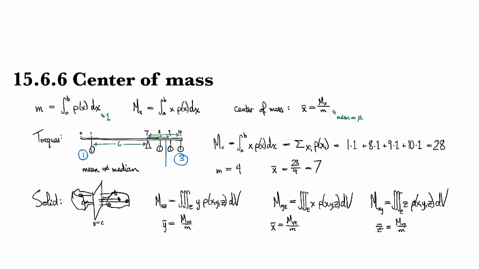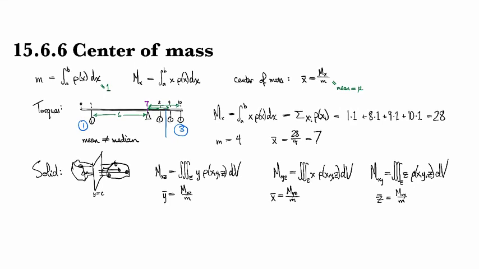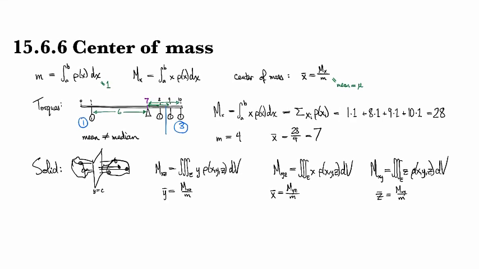In case you're wondering why I did y first instead of x, it's just because I thought it would be nicer to draw this picture, but that was before my picture came out so ugly. So then the center of mass is the place with coordinates x mean, y mean, z mean. So that's how we find the center of mass.